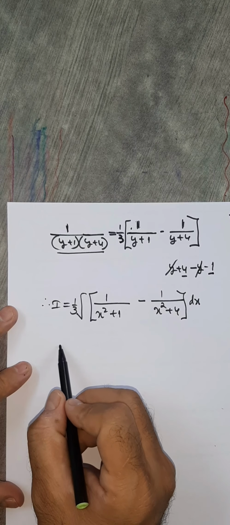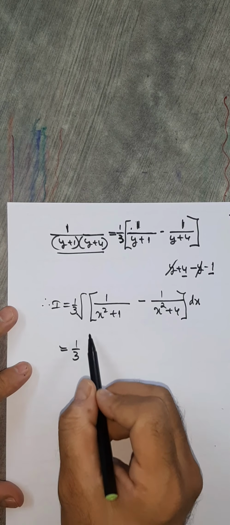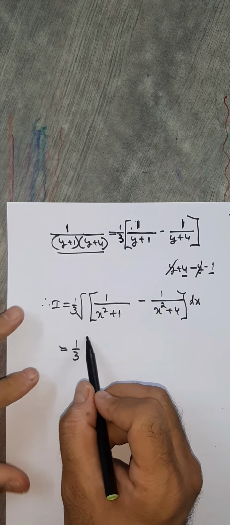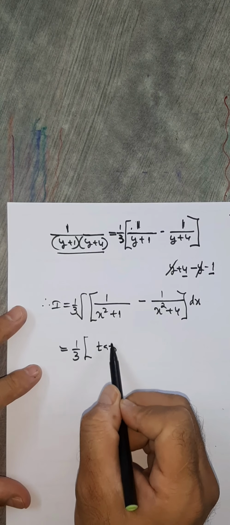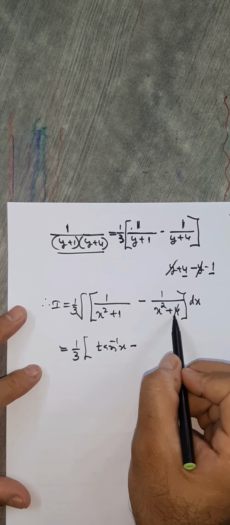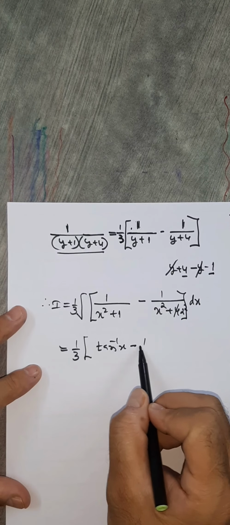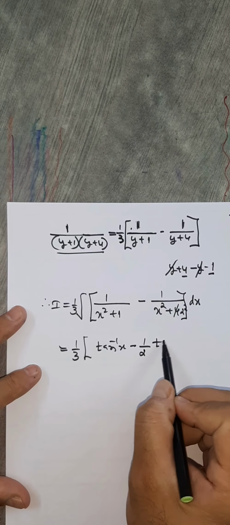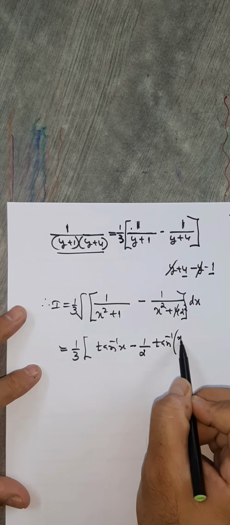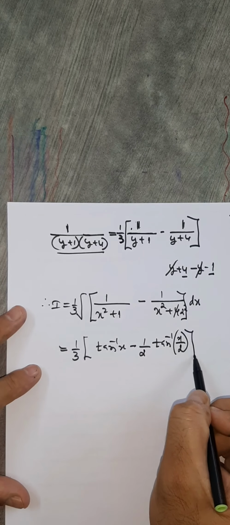Okay. Now you know both are standard functions. What's the integral of the first one? It is tan inverse x. Minus this, you can write 2 square, so your 1 upon a, that is 1 by 2 tan inverse x by a, that is x by 2, plus c.